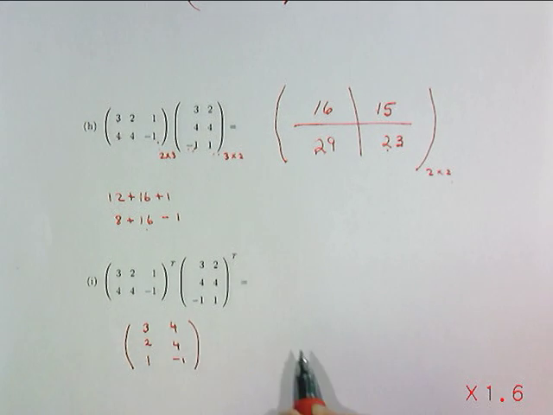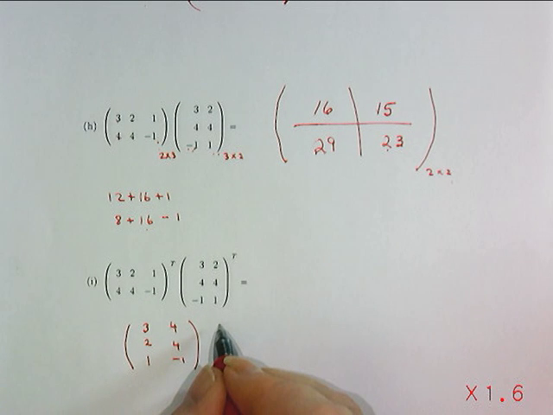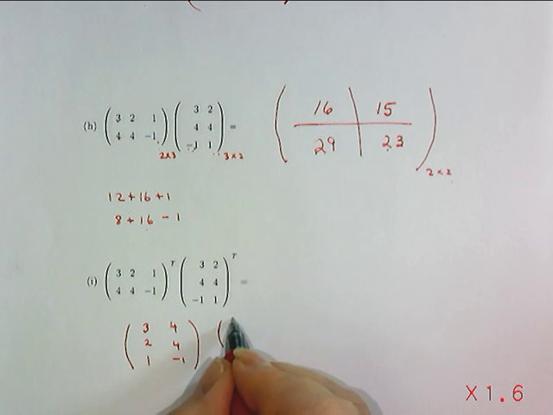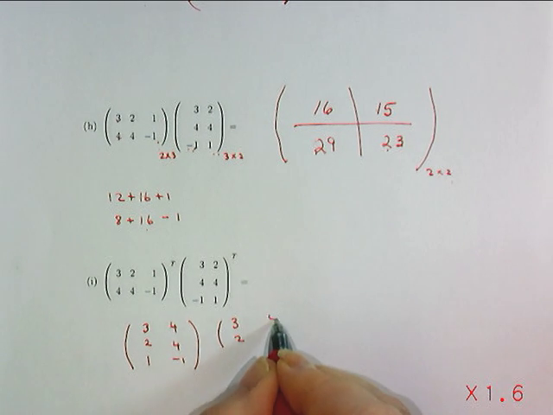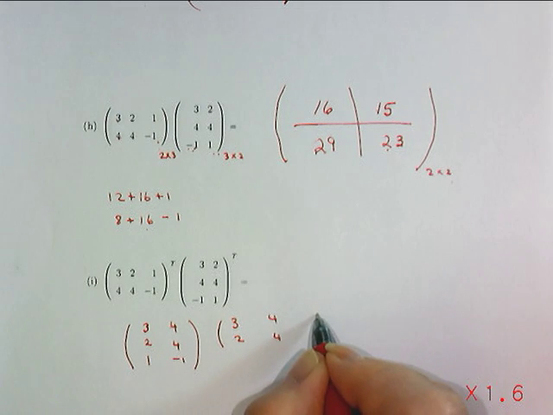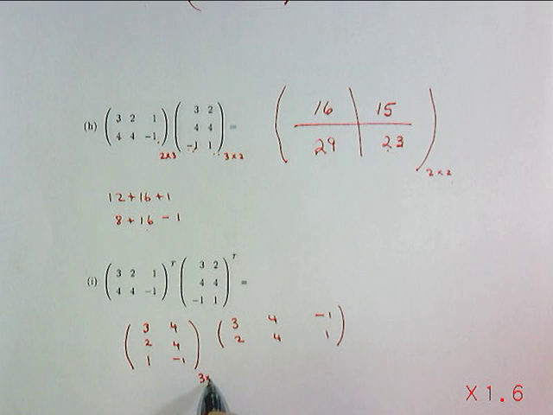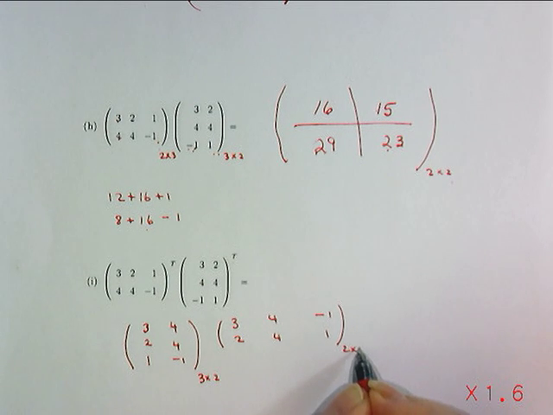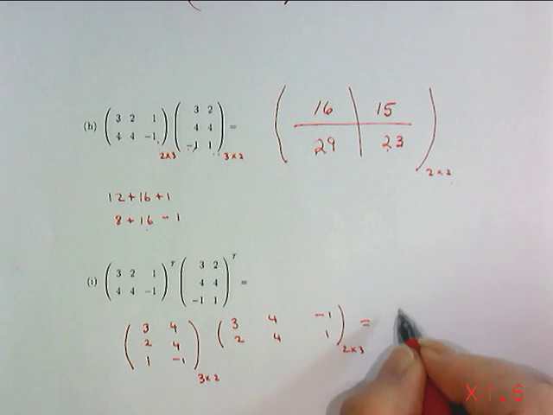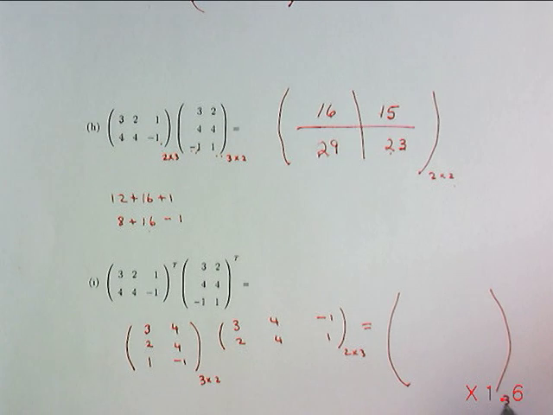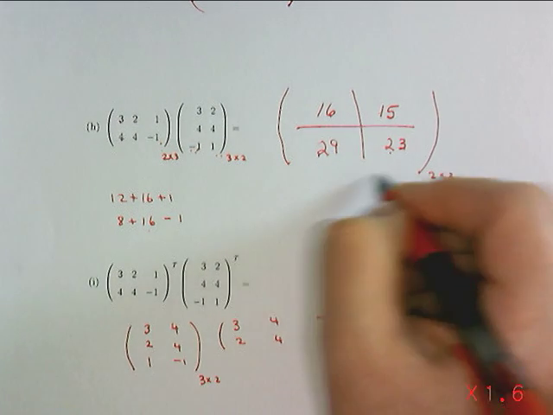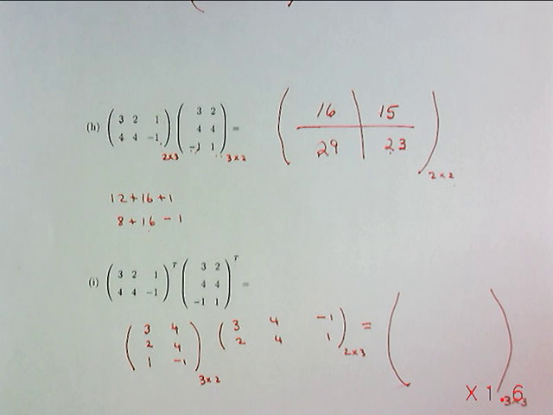The transpose of this matrix is going to be the matrix with first column 3, 2, second column 4, 4, last column -1, 1. So this is actually a 3 by 2 matrix. This is a 2 by 3 matrix. So the result is going to be a 3 by 3 matrix. Definitely not just the transpose of this one. So good thing I didn't just try to write down the answer.